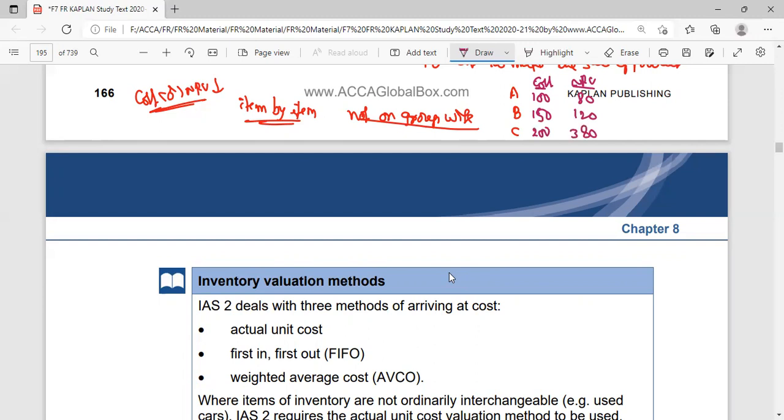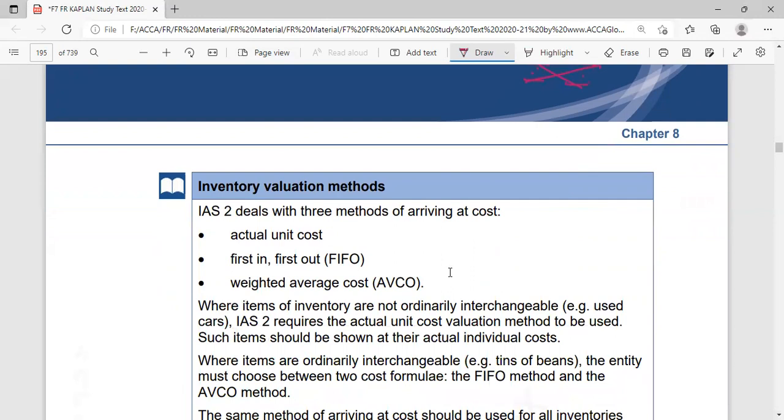Then we have to apply this principle, cost or NRV, separately for A, separately for B, separately for C. And don't calculate in this way: what is the total cost and what is the total NRV, and whichever is less. This type of application is not possible. So we do not apply the principle group wise. We have to apply it item by item.